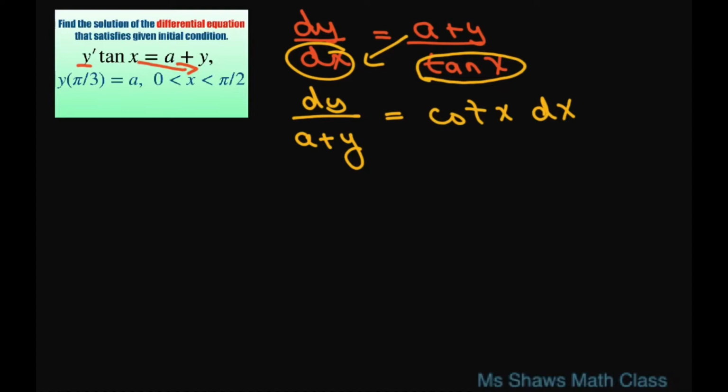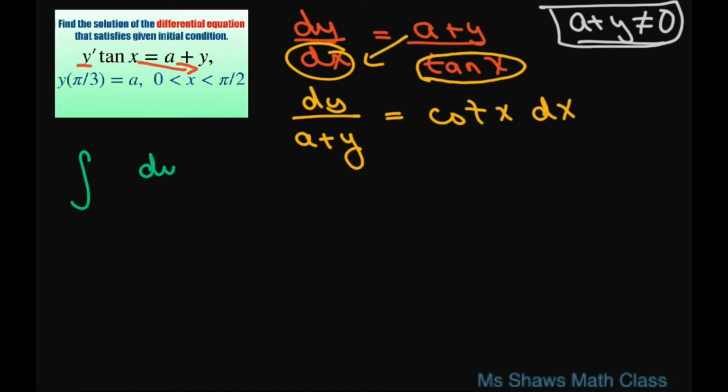Now, since a plus y is in the denominator, our a plus y may not equal 0. So that's just our restrictions there. Now, let's integrate both sides of the equation. So we're going to have the integral of dy divided by a plus y equals the integral, and I'll go ahead and write this as cosine of x divided by sine of x dx.